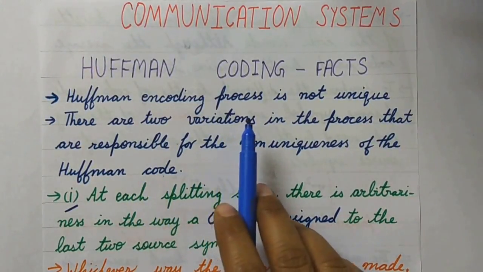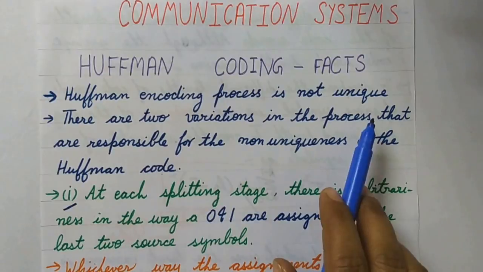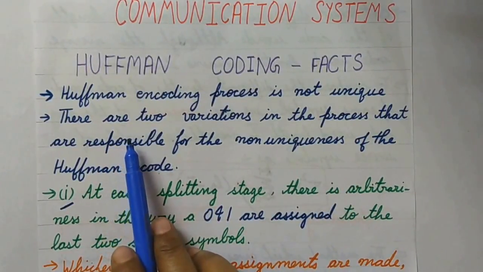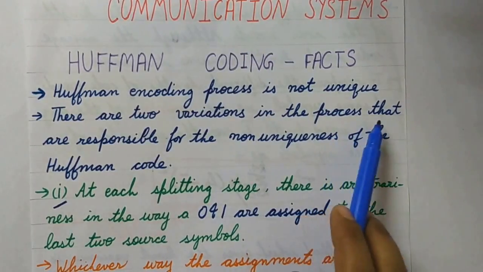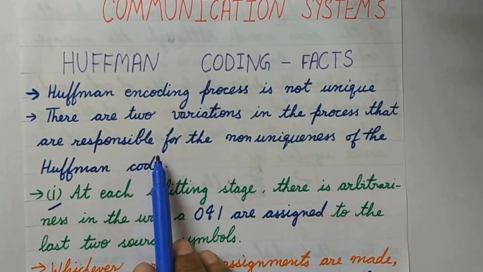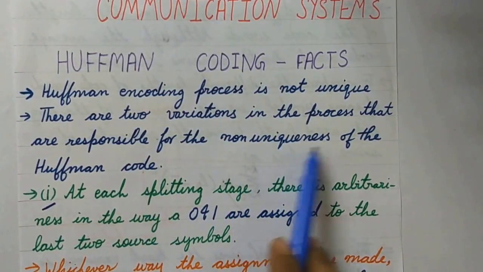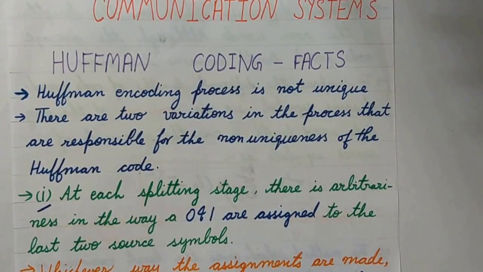Huffman encoding process is not unique. There can be two variations in the process, and these two variations are responsible for the non-uniqueness of the Huffman code.